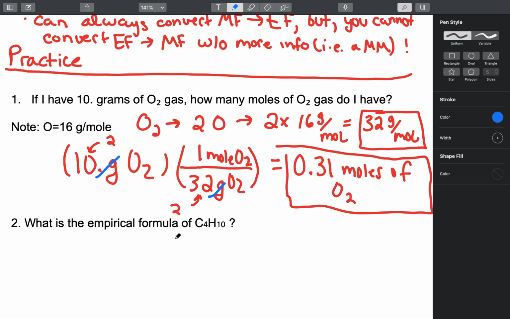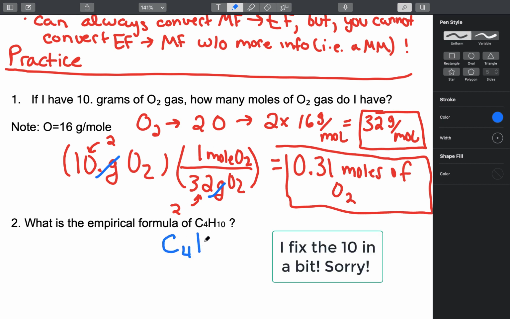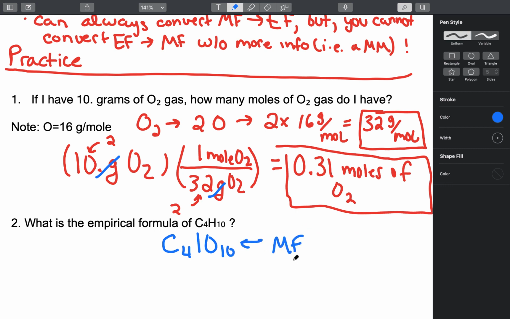So our molecular formula is C4H10. In order to find the empirical formula, we have to divide by the largest factor that's shared between them. In this case, it is 2.